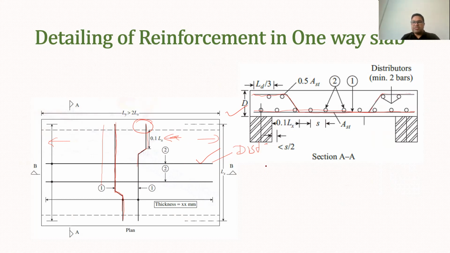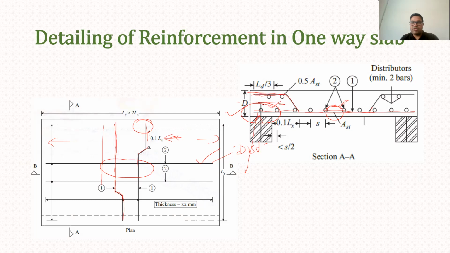With this you can see in the middle we have the maximum number of bars, which means at this place we have the maximum amount of reinforcement, and at the support we have half of this reinforcement, because half is going up.